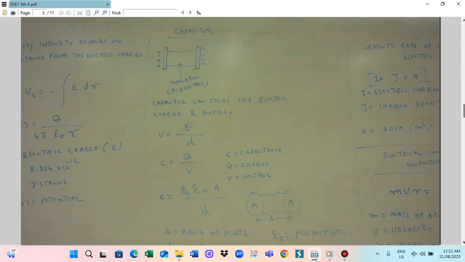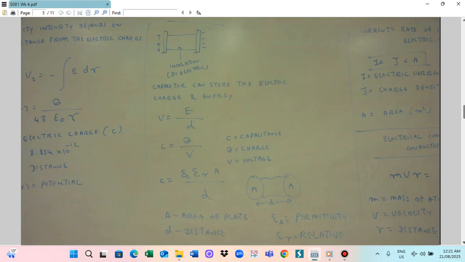The voltage is V equal to E divided by D, the electric field intensity divided by the distance. And capacitance can be calculated as Q divided by V, where C is the capacitance, Q is the charge, and V is the voltage. So this is the equation for the capacitor electric charge calculation.